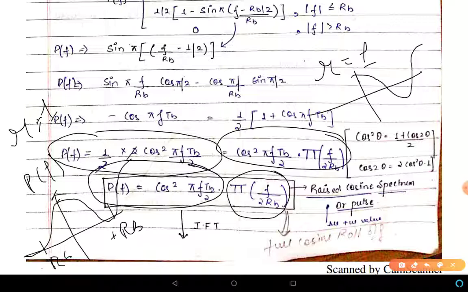What is this called? This is called a raised cosine pulse, or raised cosine spectrum. Why is it called raised cosine? Because your cos function has been raised by 1. That is raised cosine. Cosine factor raised. So no negative part, only positive part.